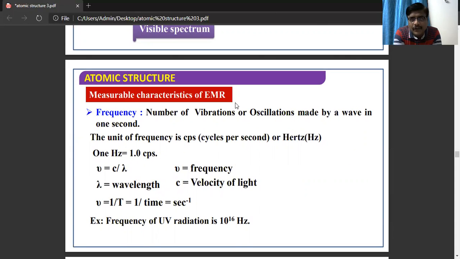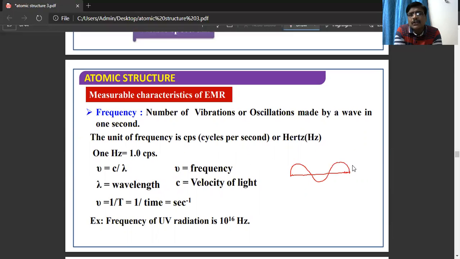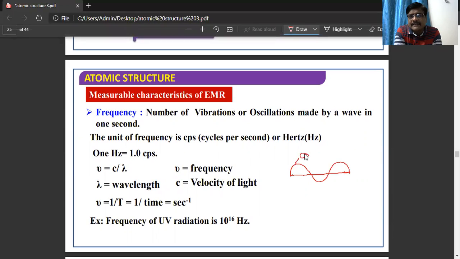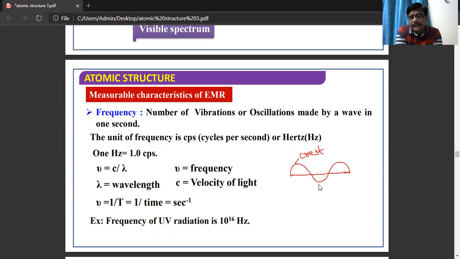Suppose you are considering a wave. What is a wave? A wave is nothing but a combination of crest and trough. If you are considering a wave like this, this is known as crest, and this is known as trough.